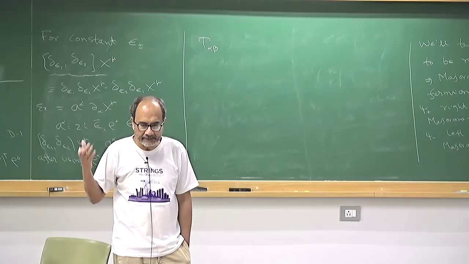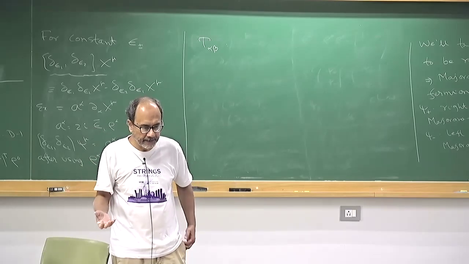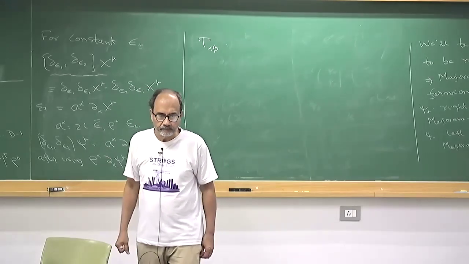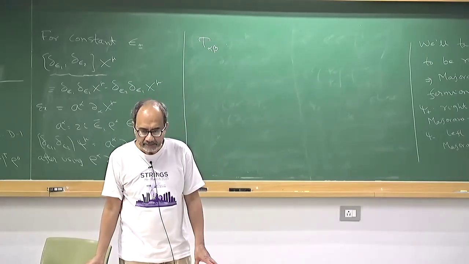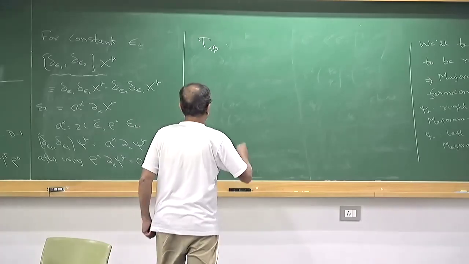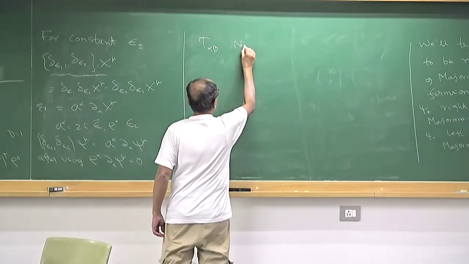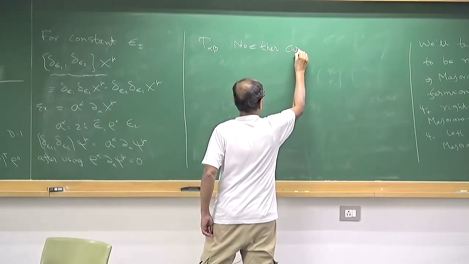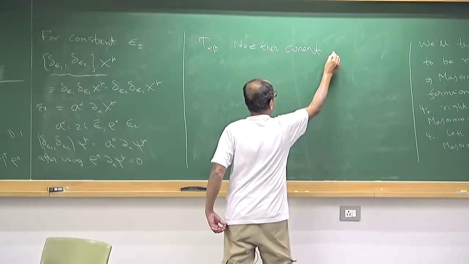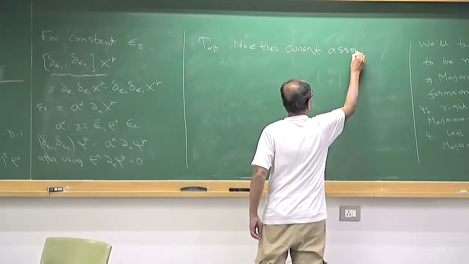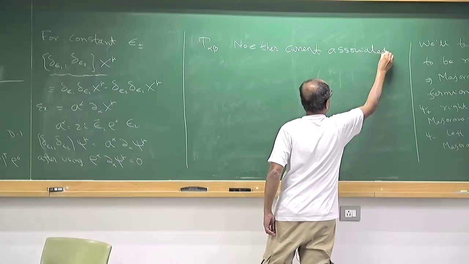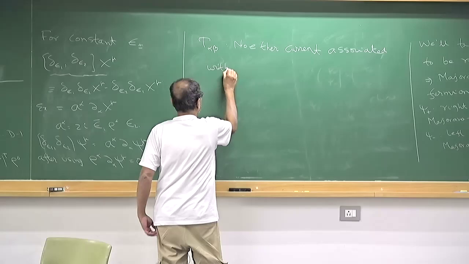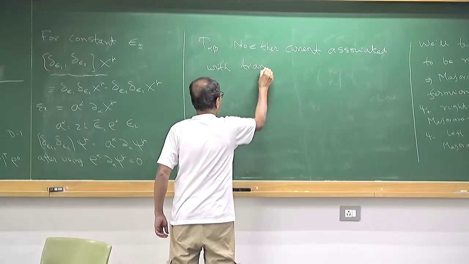That's the second way of introducing what T alpha beta is. So T alpha beta is the Noether current associated with translation symmetry on the worldsheet.